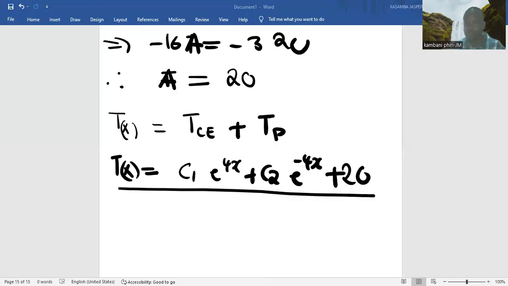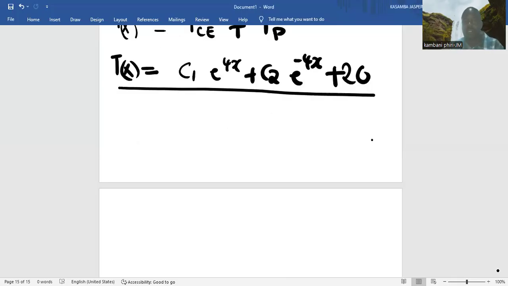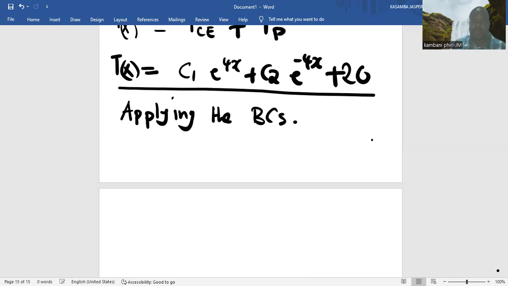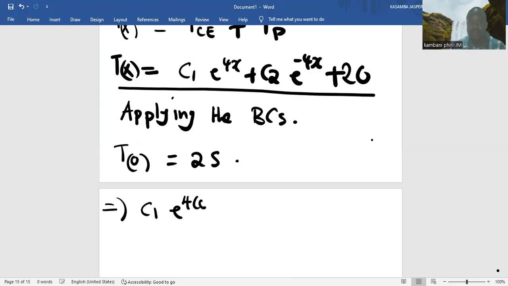Now we can apply the boundary conditions. The first one is T naught is 25. What does it mean? C1 E4 when you put a 0 here, plus C2 E negative 4 when you put a 0 here, plus 20 must be equal to 25.